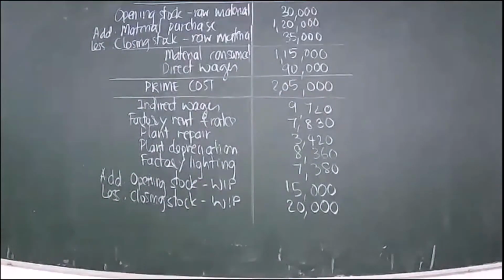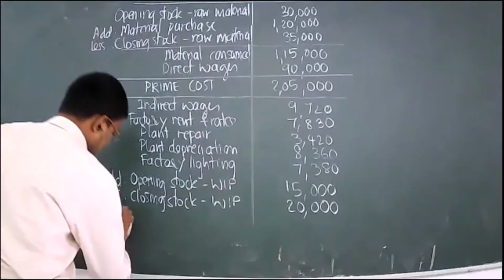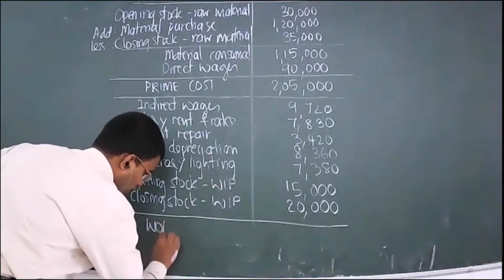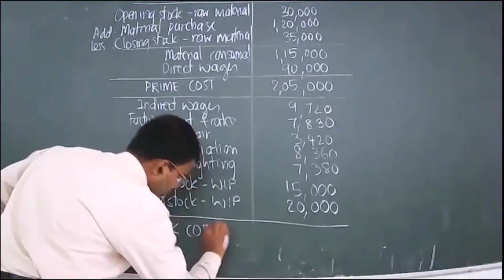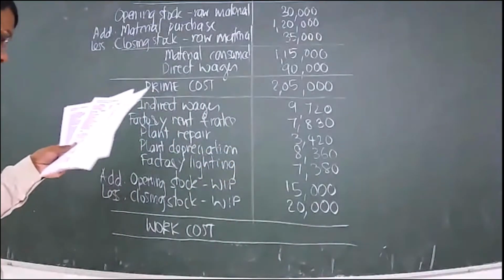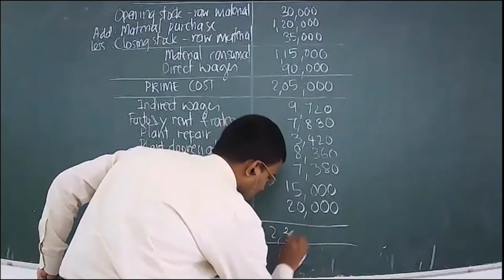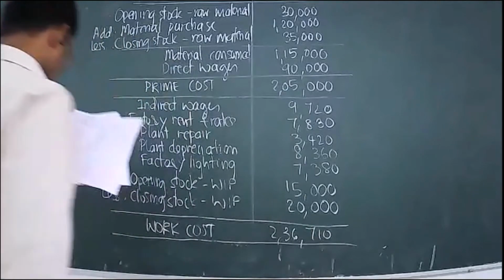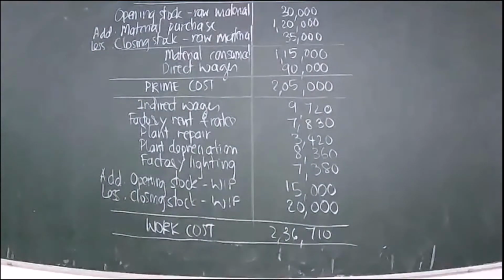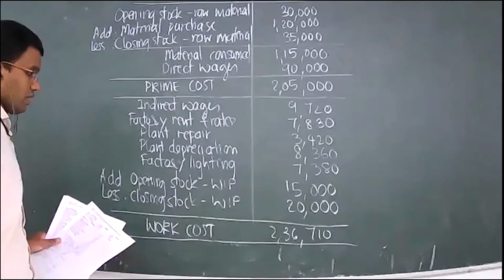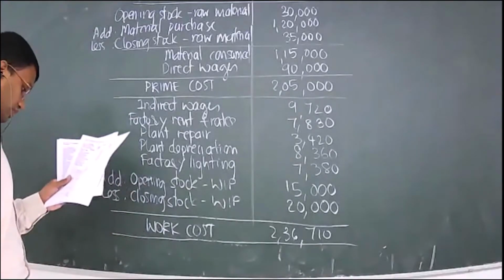For the sake of simplicity, I'm going to report the works cost or factory cost directly here. So my works cost works out to be 2,36,710. That works out to be my works cost.